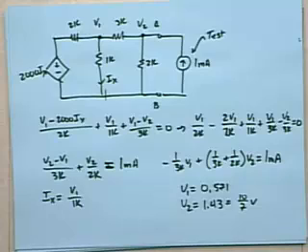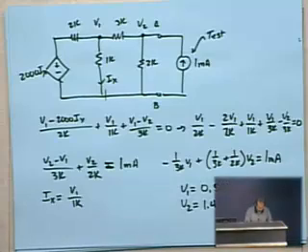In the first one, our terms on V1, we've got 1 over 2,000 minus 2 over 2,000 plus 1 over 1,000 plus 1 over 3,000. Okay.